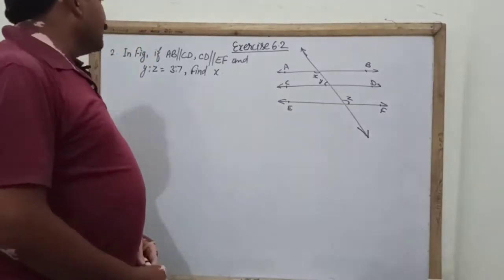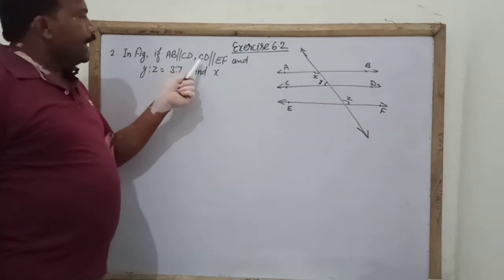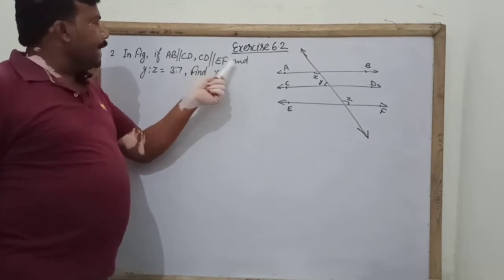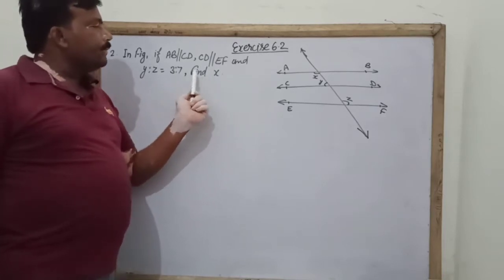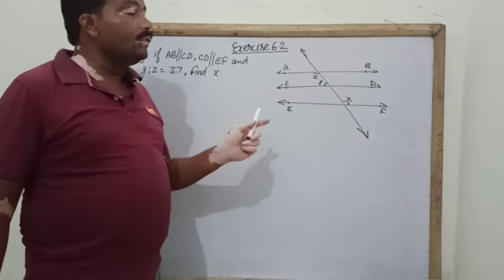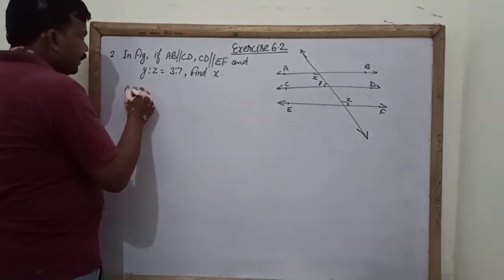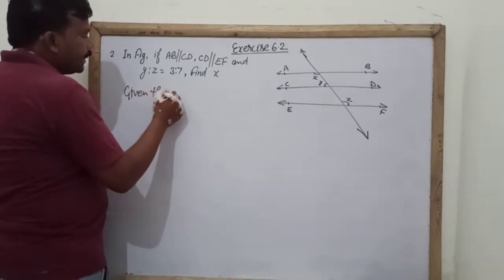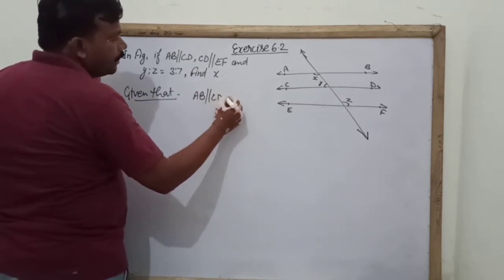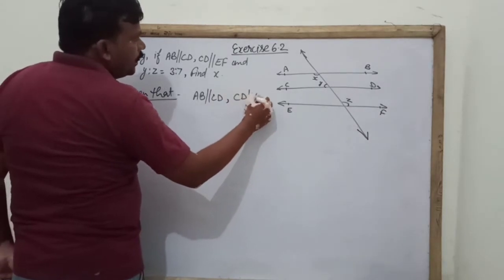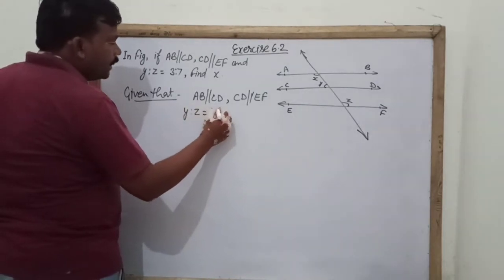Now our second numerical is this: if in figure, AB parallel to CD and CD parallel to EF and Y ratio Z equals 3:7, then find X. Means we have to find the value of X. What is given here? Given that AB parallel to CD, CD parallel to EF, and Y ratio Z equal 3:7.